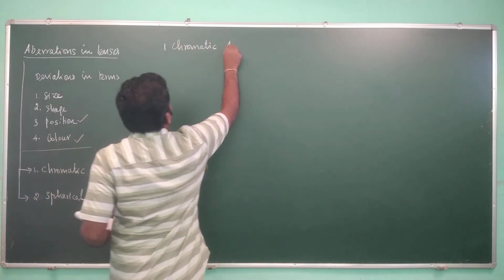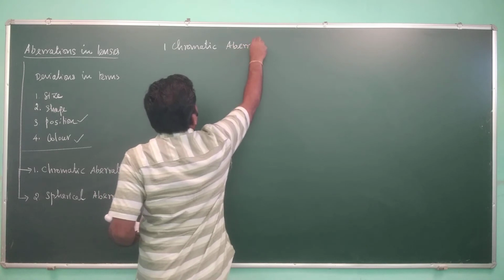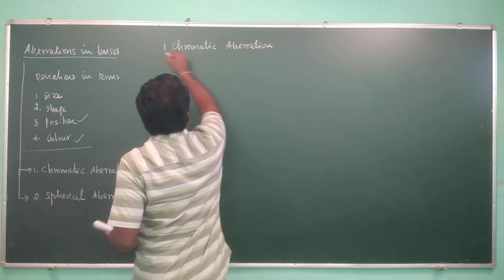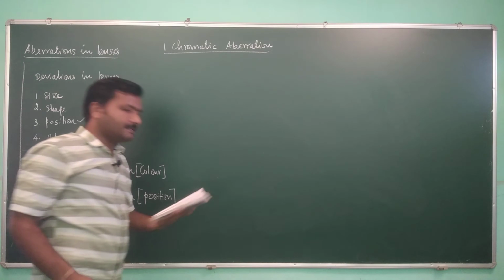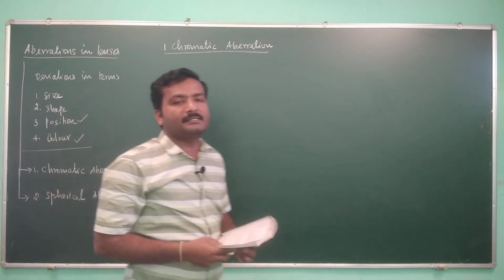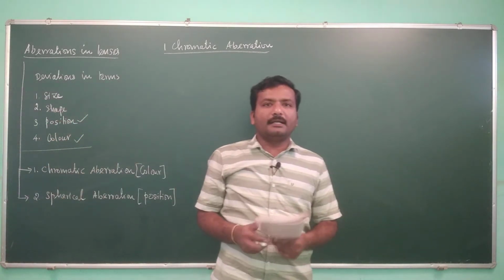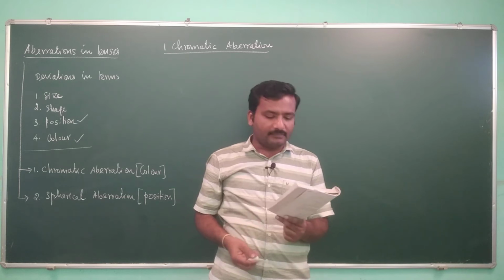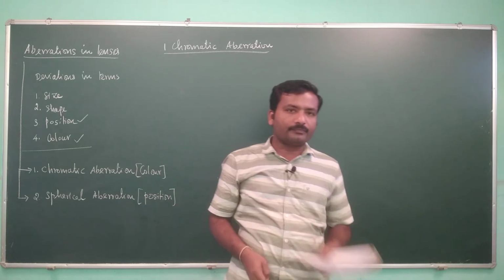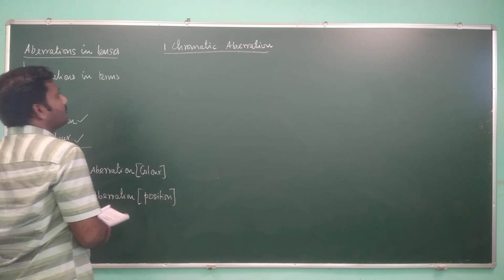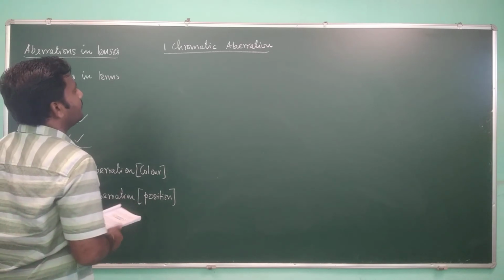What is chromatic aberration? As I said, chromatic aberration is related with the color, deviations in the color of the formed image. What causes the chromatic aberration?